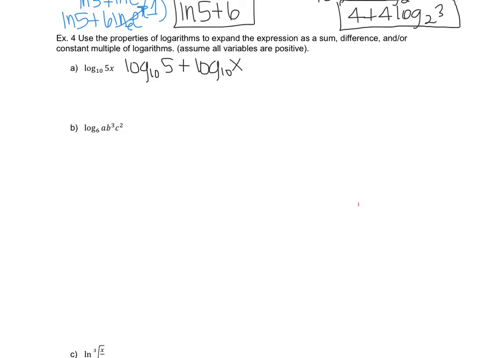And the thing about expanding is it's going to keep the same base throughout. So that is what you have when it's expanded out. And that right there, there's nothing more that I can do to that to simplify.